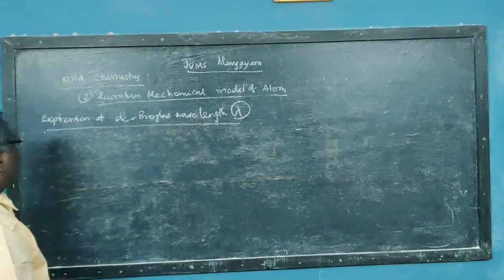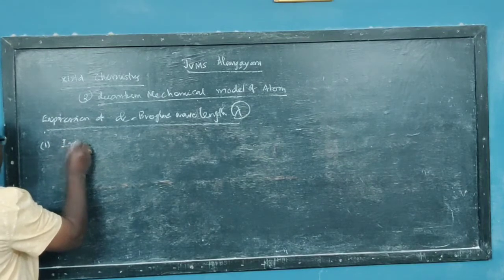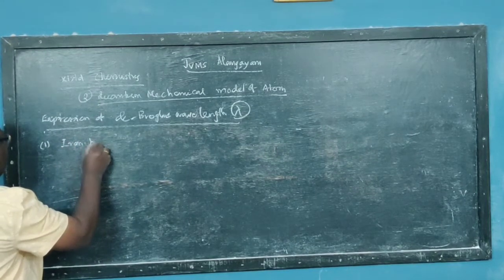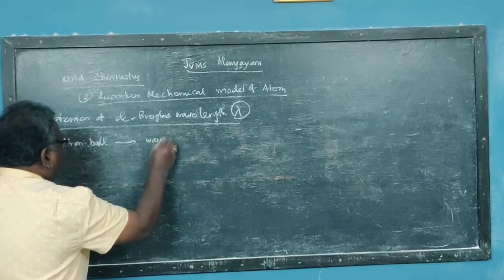Right? So for example, we find out the wavelength for an iron ball that is producing waves.